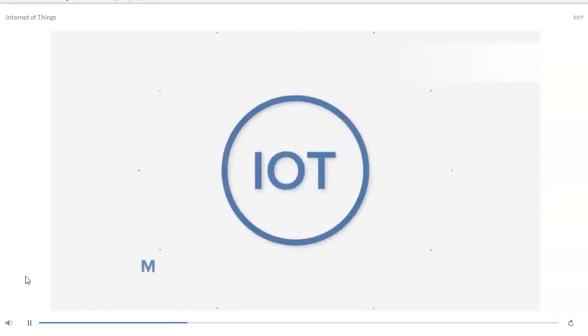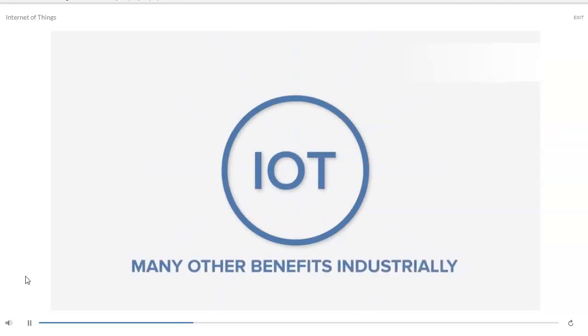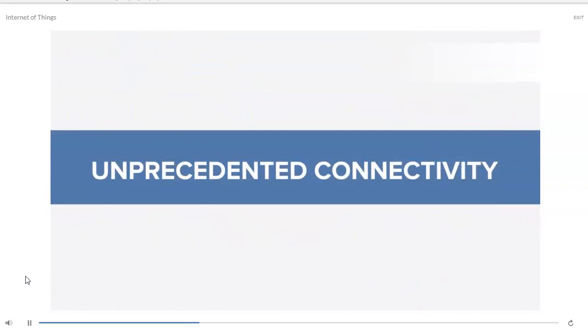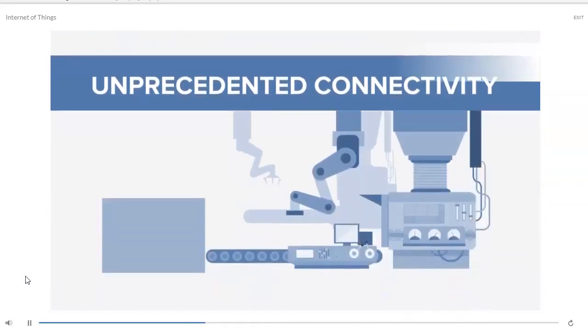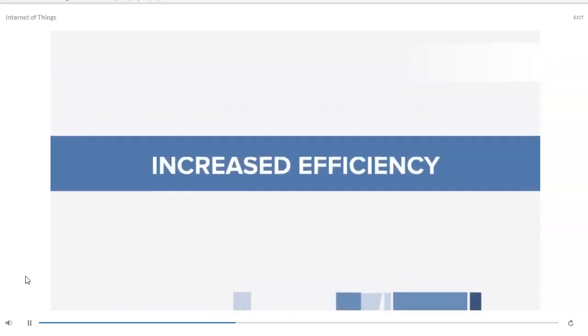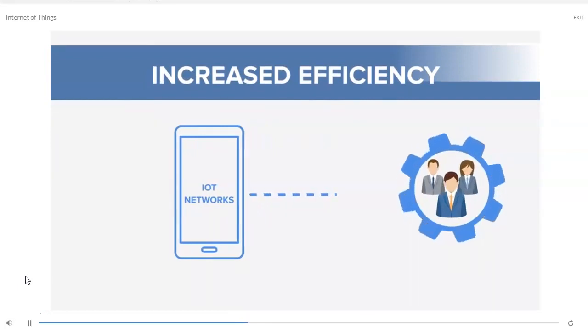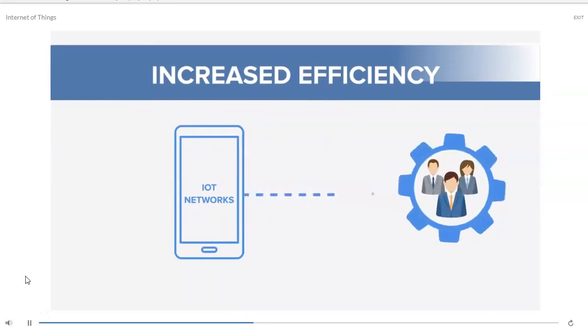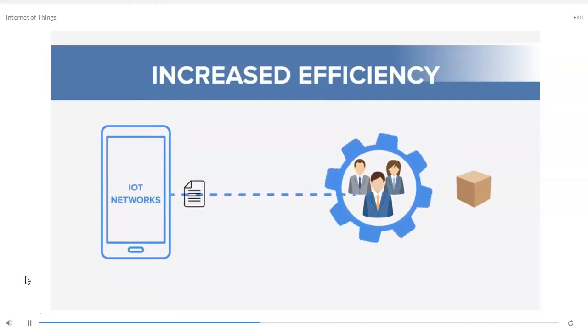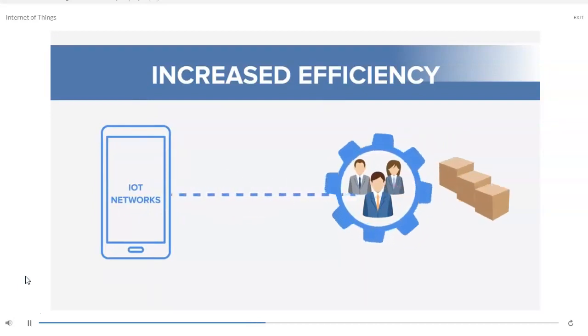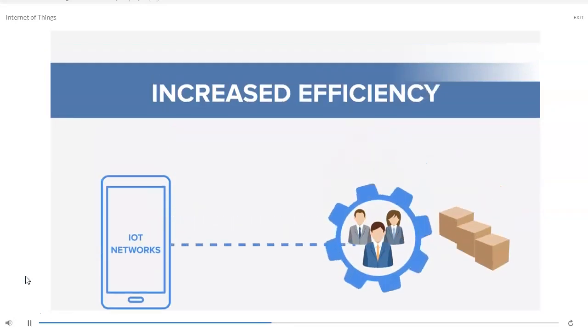So, IoT offers many other benefits industrially, such as unprecedented connectivity. IoT data and insights from connected applications and devices empower organizations with the ability to deliver innovative new products and services faster than their competitors. Increased efficiency. IoT networks of smart and intelligent devices provide real-time data to arm employees with the information they need to optimize their day-to-day efficiency and productivity.